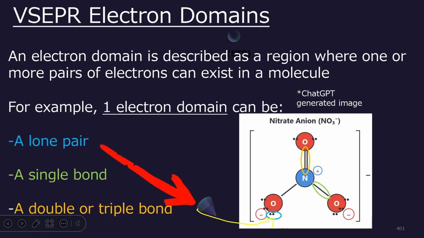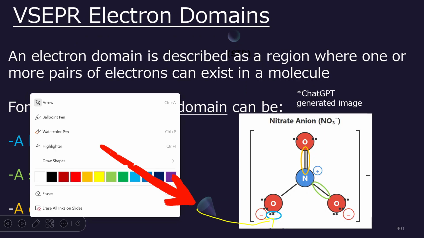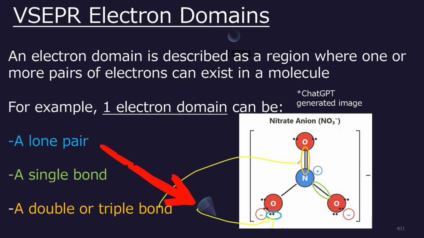I've got one of those on the top here. Single bond on the right. So those are regions where electron pairs can exist, right? But it's important to note that each of these is only one electron domain.